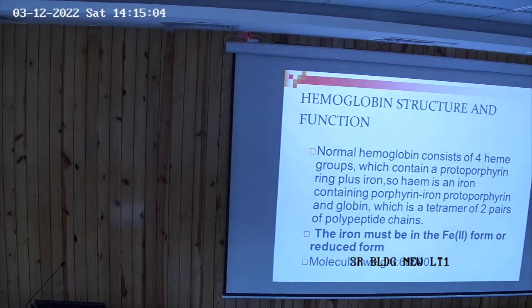In some books it might be 68.4. Specifically, it is a tetramer, so each single chain of globin plus heme comprises 16,000 daltons. When the 4 chains combine, it results in 68,000. That is the structural weight of hemoglobin.